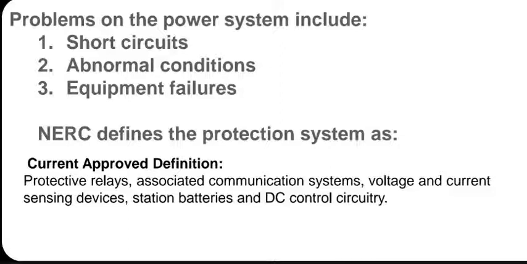And relays are not going to operate at high currents. They are low current devices, but they control high current equipment. Okay. Circuit breakers are another set of protective equipment. They are put directly in the high current path.